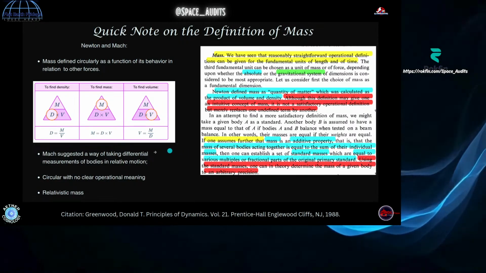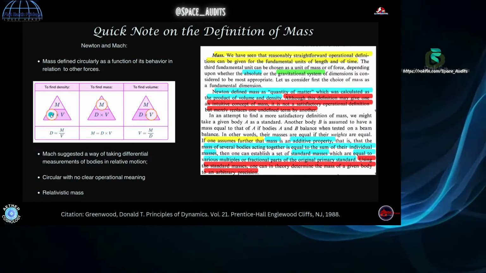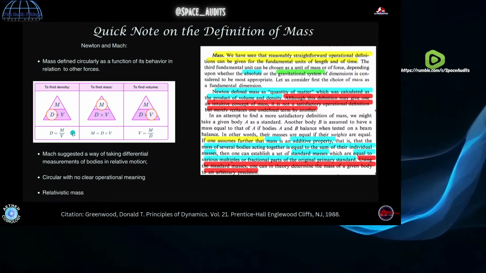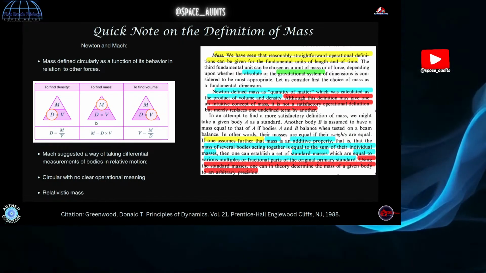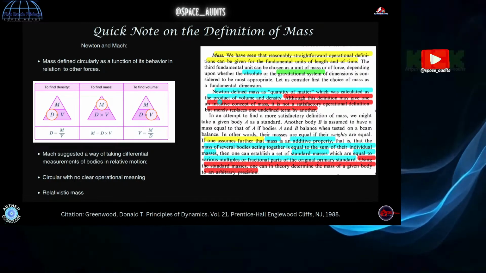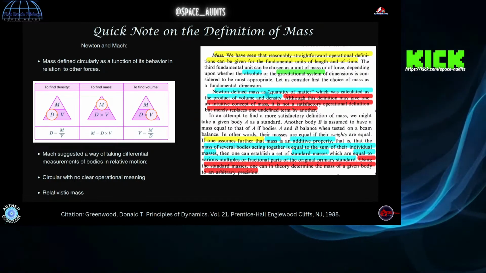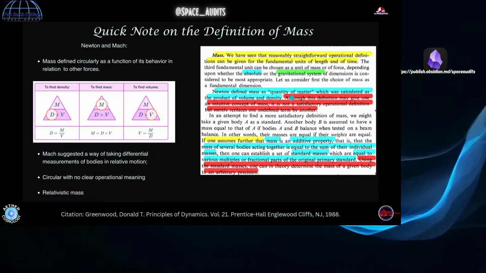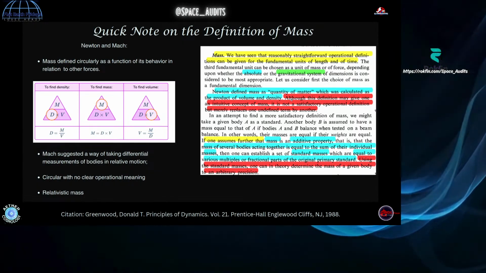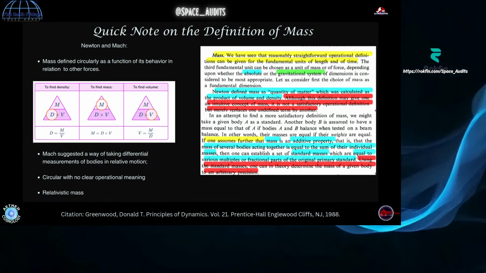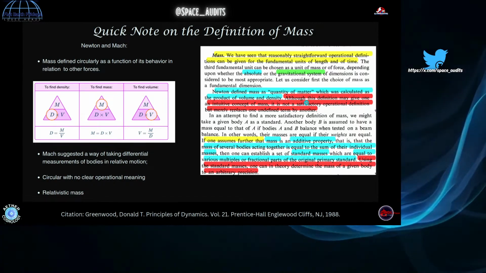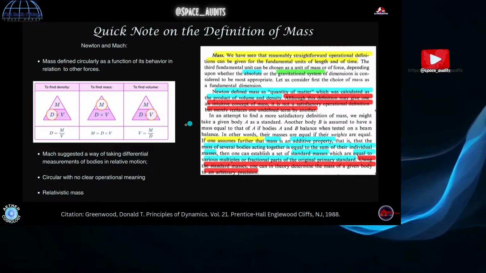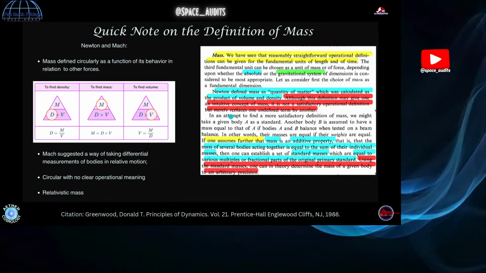To give an example of that, to find density, you need mass over volume, and to find mass, you need density times volume, and to find volume, you need mass over density. So you're just doing this circular thing that gives a description of it, but not really telling you what it is. But you can define its properties through this description.